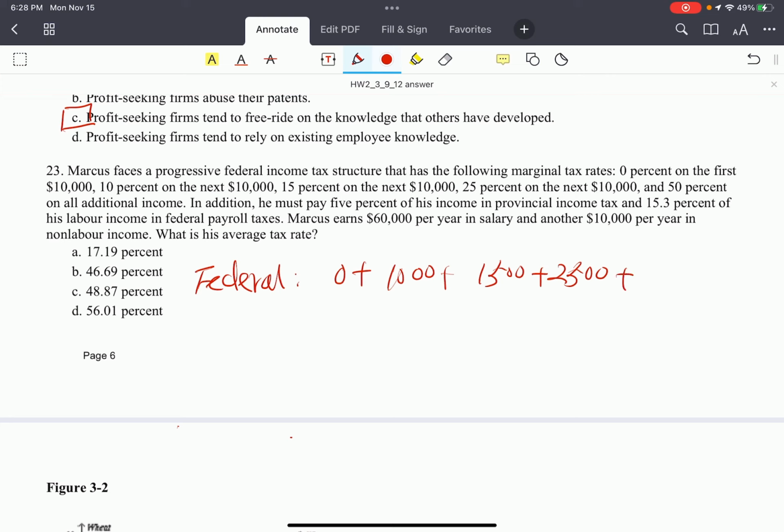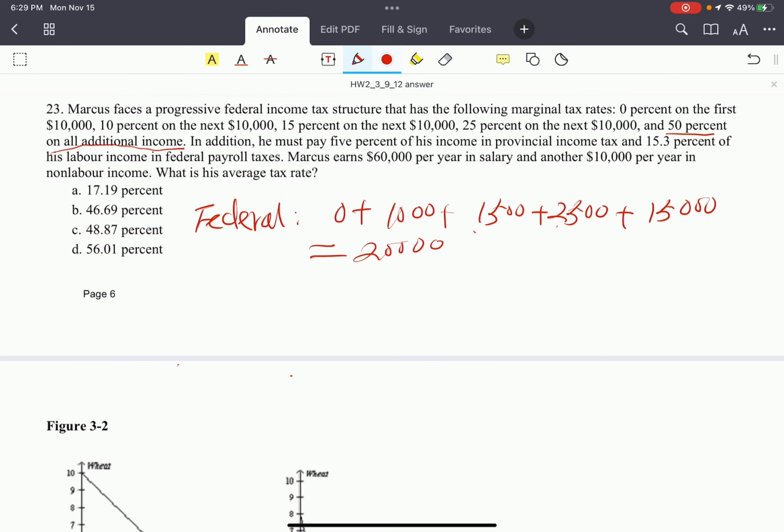After these amounts of taxes, he still needs to pay 50% on additional income, and this additional income should be $30,000. So here the tax would be $15,000. Then the total federal tax would be $20,000. Let me see. 1 plus 3. Yes, it's $20,000.